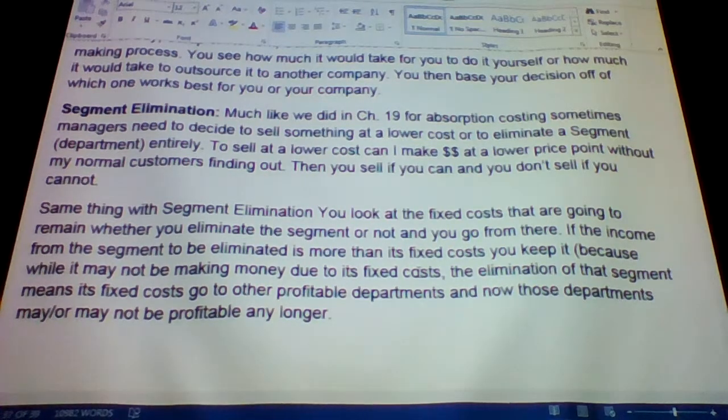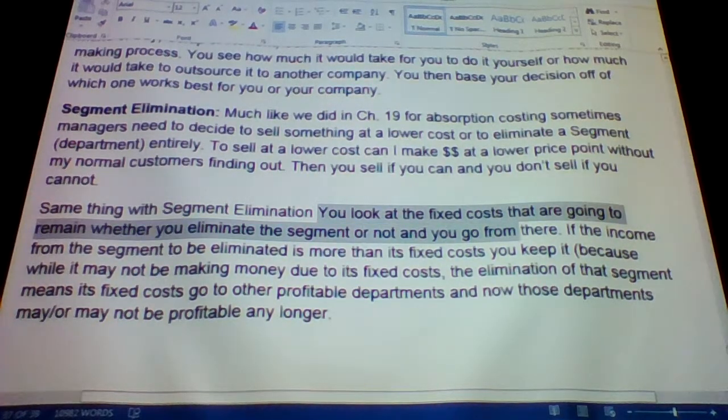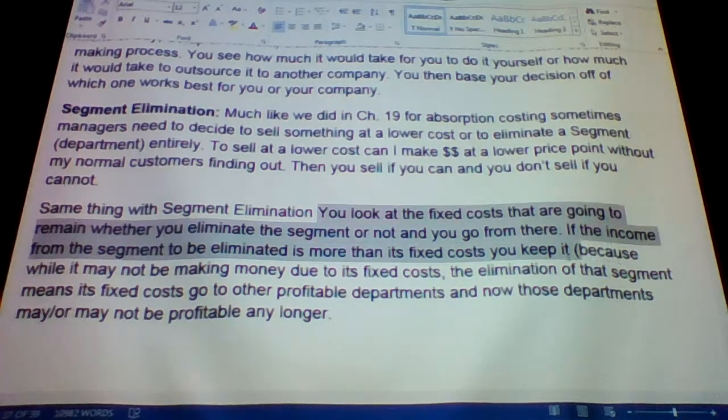So segment elimination is a big decision to make, and the easiest rule I can tell you, you look at the fixed costs that are going to go, and if the income to be eliminated is more than its fixed cost, you keep it.